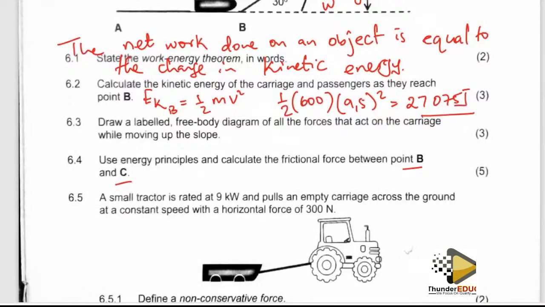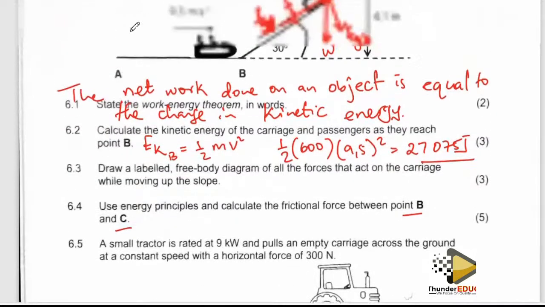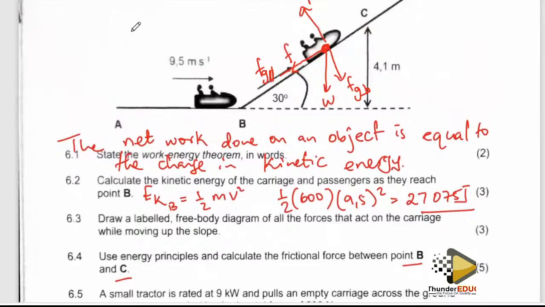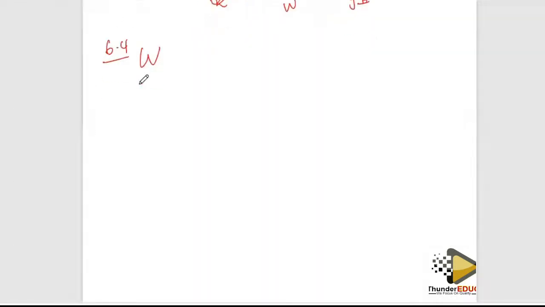Okay, so now since we were talking about the change in kinetic energy, I think that's what we're going to use. So you can say that the net work between B and C is equal to the change in kinetic energy, which means the kinetic and the EP.